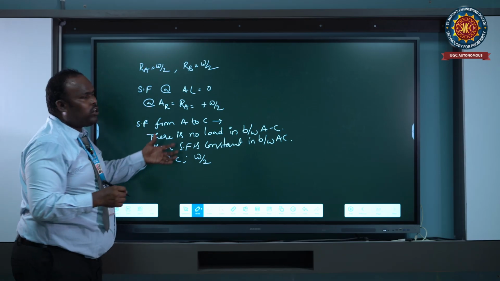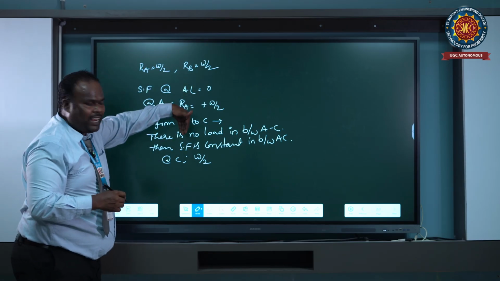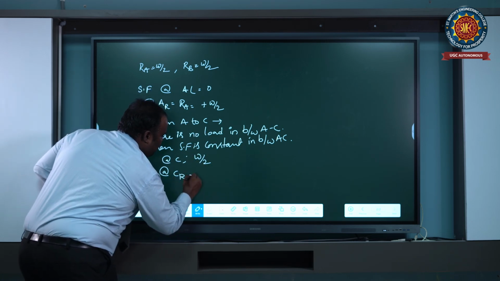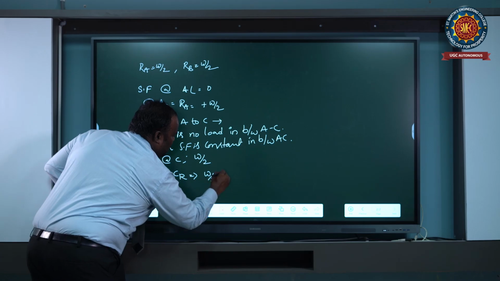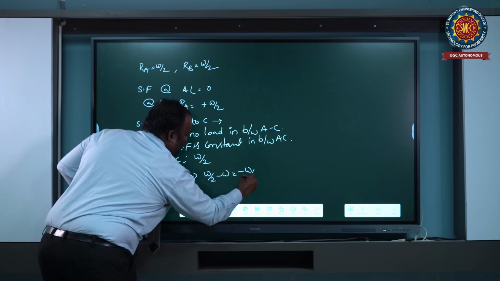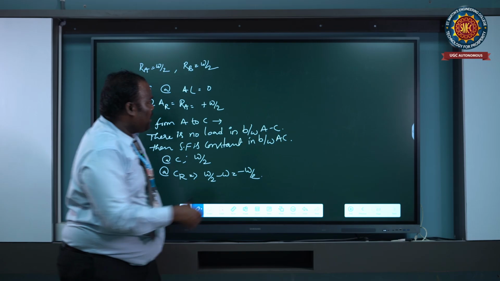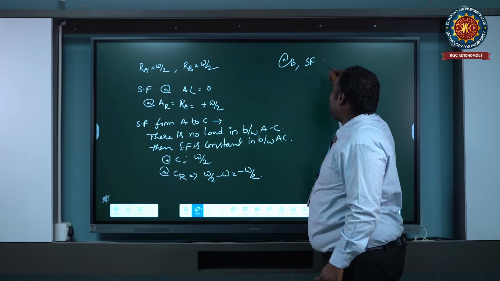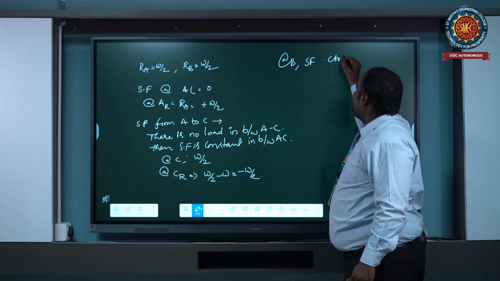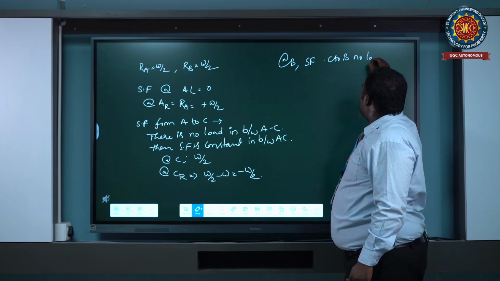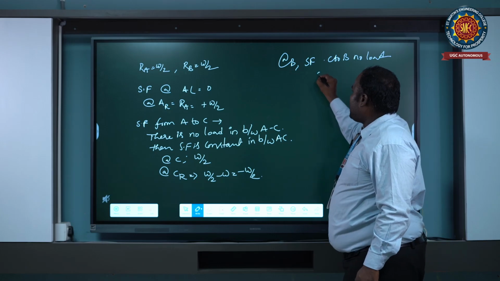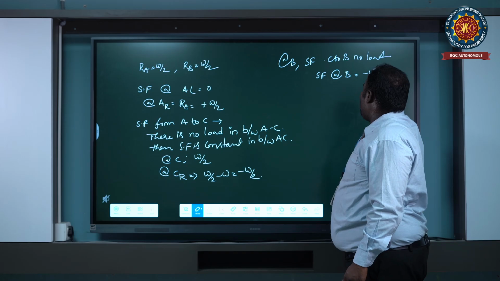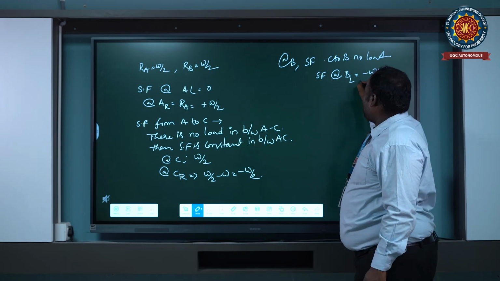But acting the load W at point C in the downward direction, then at point C right side it is W by 2 minus W equal to minus W by 2. Finally, from C to B there is no load, so it is constant, then shear force at point B is also minus W by 2 on the left side.